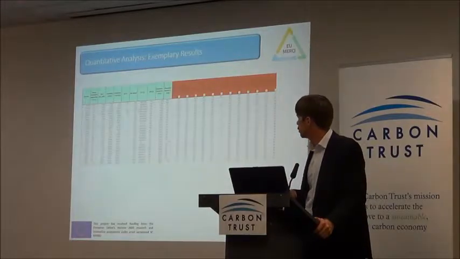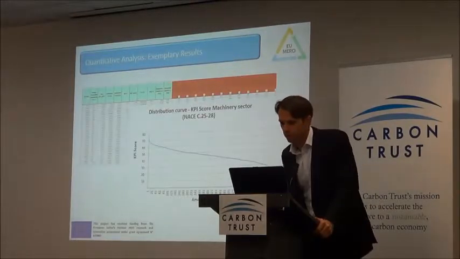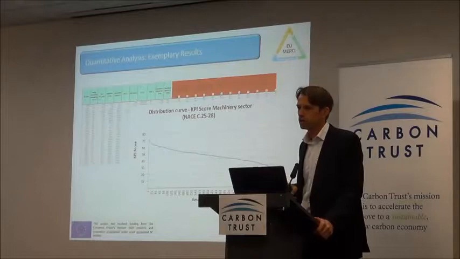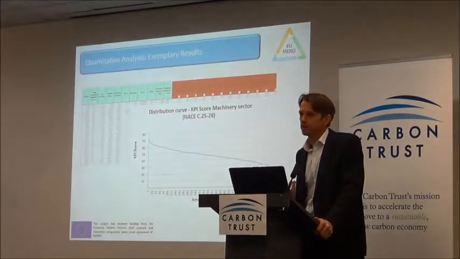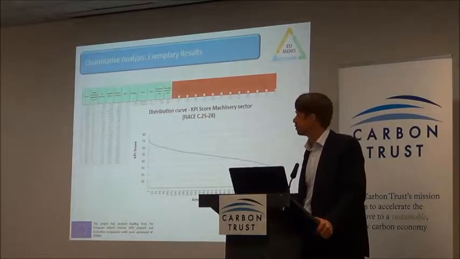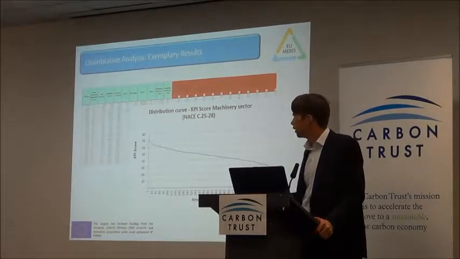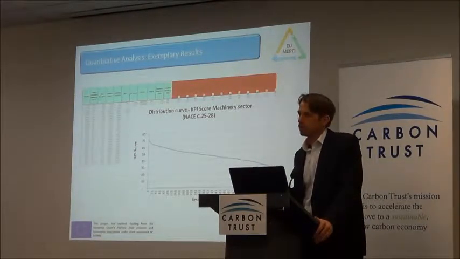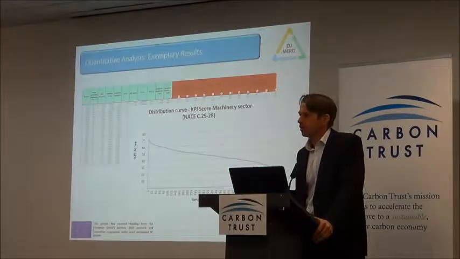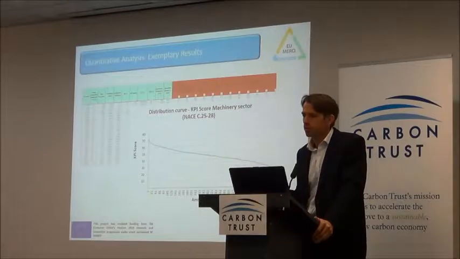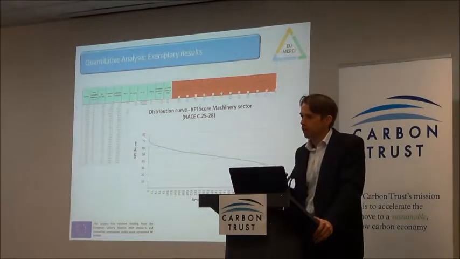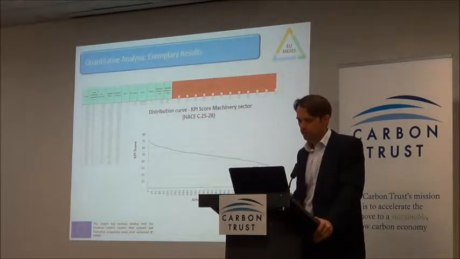And when you look at the distribution curve of all KPI scores in the machinery sector, you get a good understanding of where the best performers of a sector are. So somewhere here you could say, as I mentioned before, maybe biomass boilers have a bad score when it comes to energy efficiency KPIs, but a high score when it comes to environmental benefits.